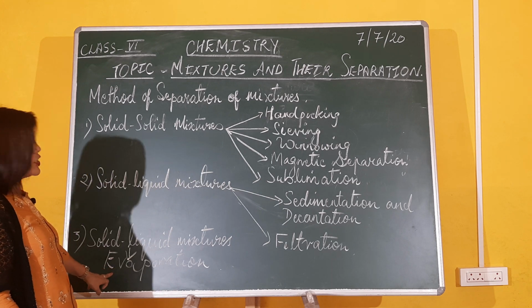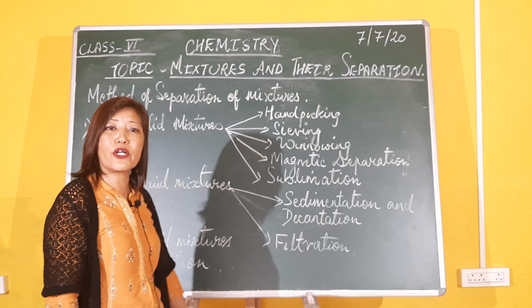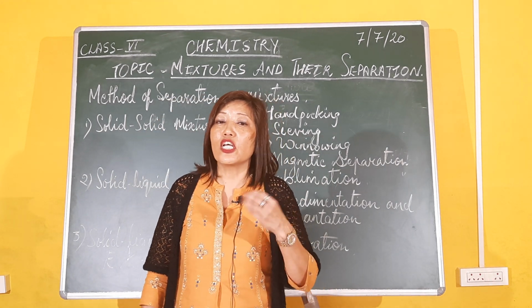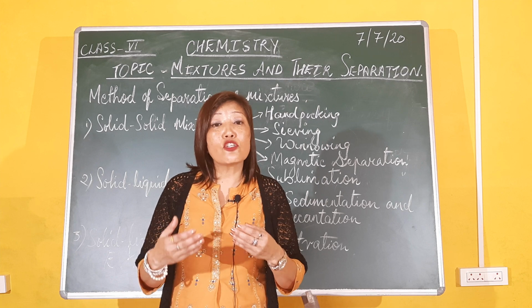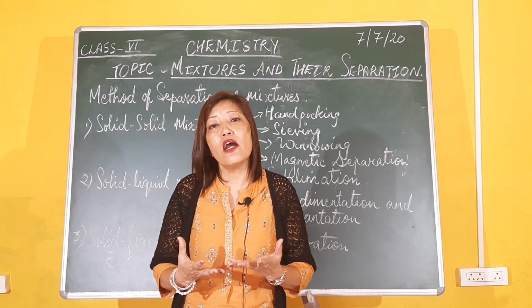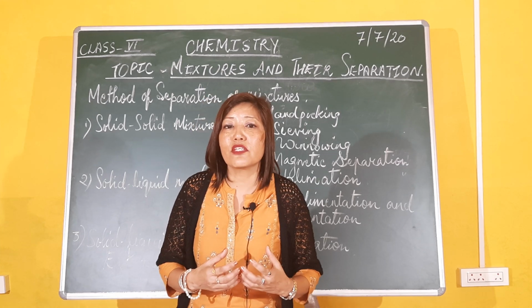That can be done by the process called evaporation. Now, you are familiar with the process of evaporation. What happens in evaporation? The water or the liquid changes into vapor state. That process is called evaporation. Okay. So, what is the technique of separation?